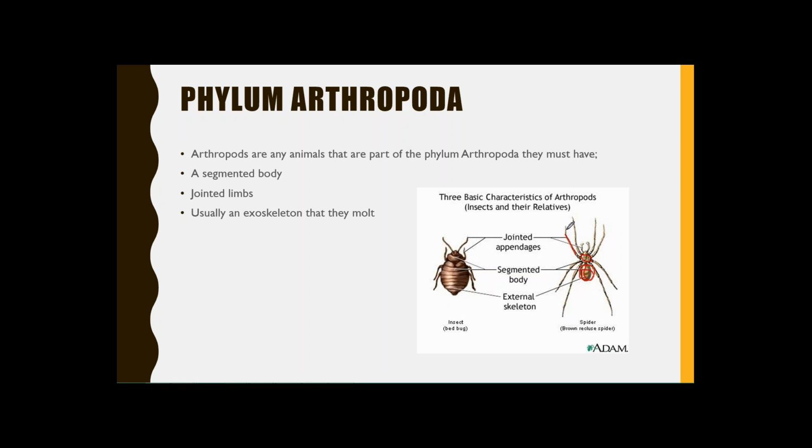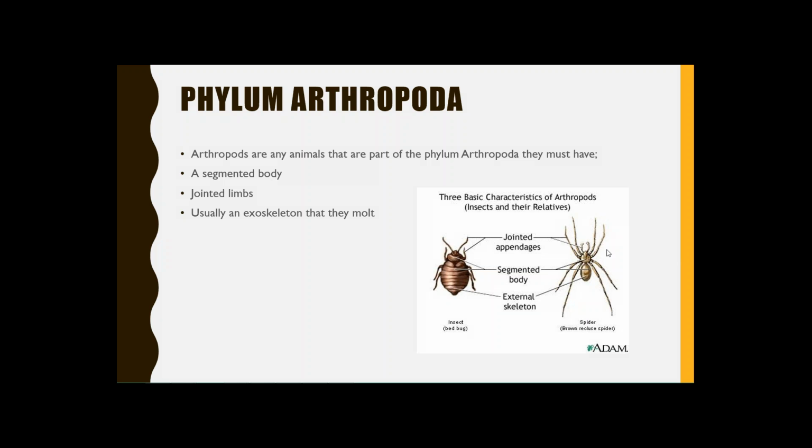Here we have jointed limbs at this point where they bend, just like us. Another characteristic these arthropods have is that they often have an exoskeleton. It's rare that they don't, but usually they do, and they molt them. So every so often they will get rid of that skeleton and grow a new one back.